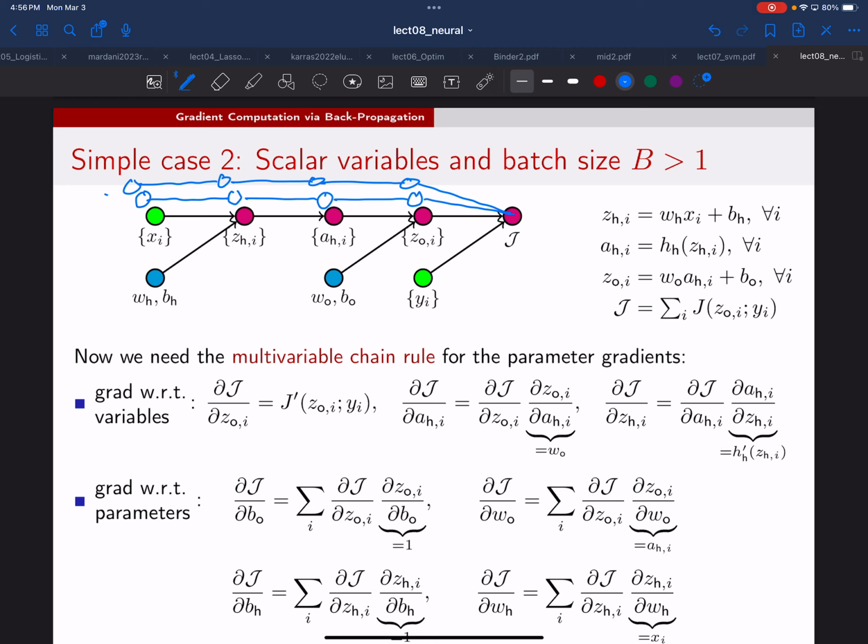So this is what we have over the batch. But now when we think about how the different batch elements are interacting with the output layer parameters, you can see that, for example, b_O and W_O, they affect all the i's, right?